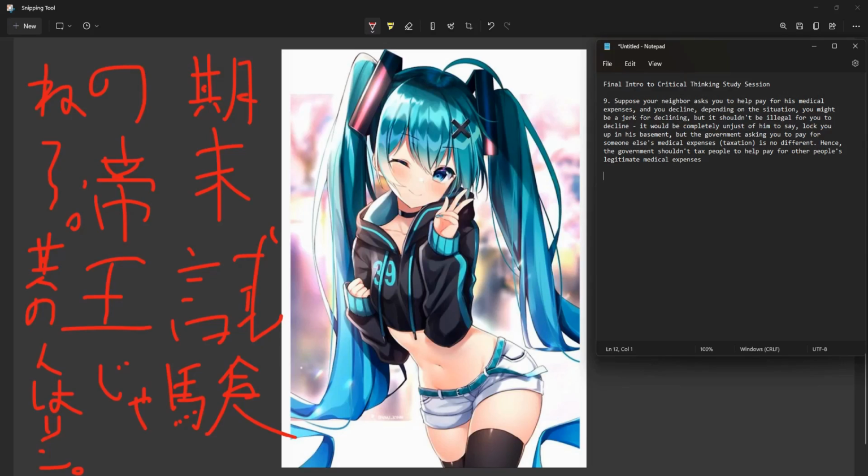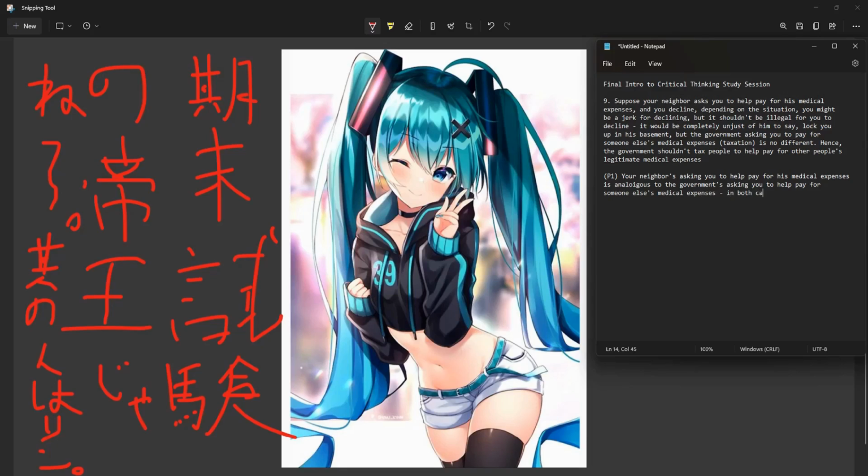So P1 is your neighbor asking you to help pay for his medical expenses is analogous to the government asking you to help pay for someone else's medical expenses.